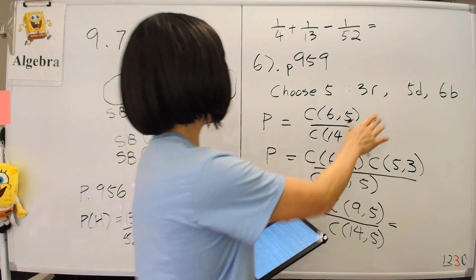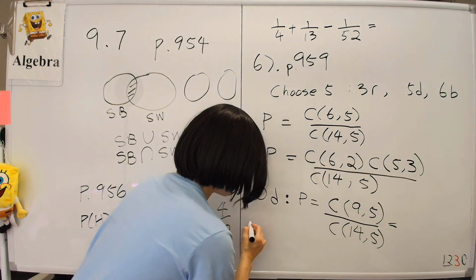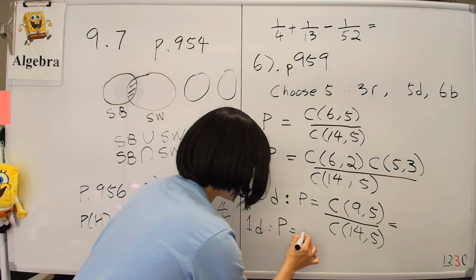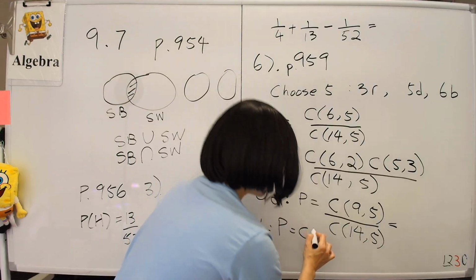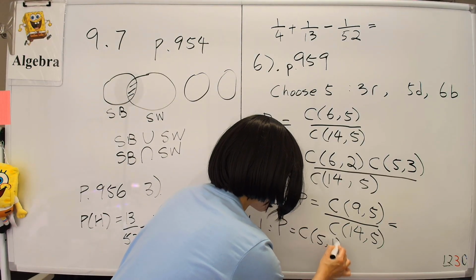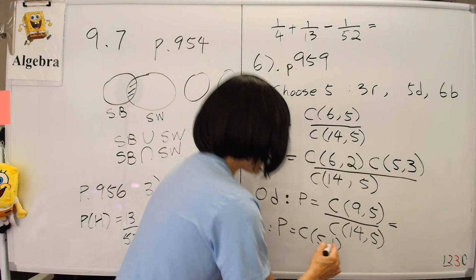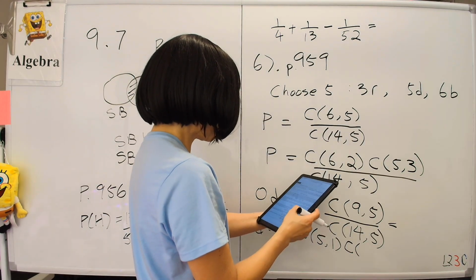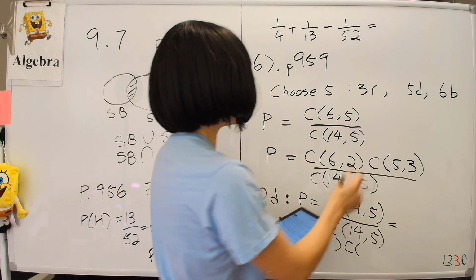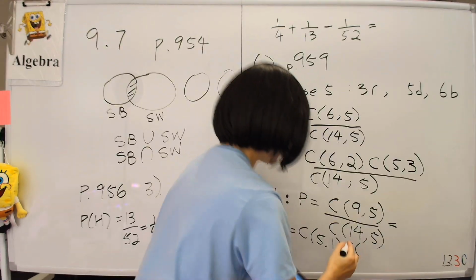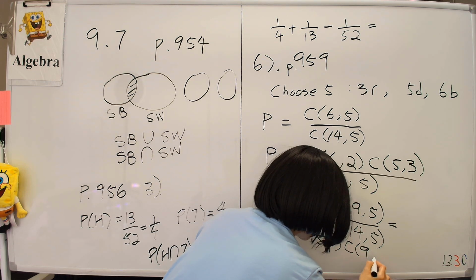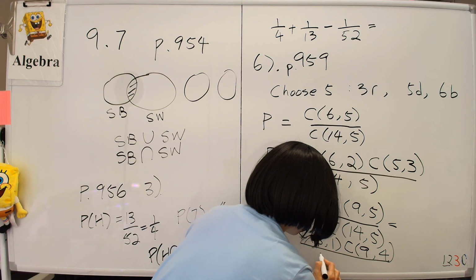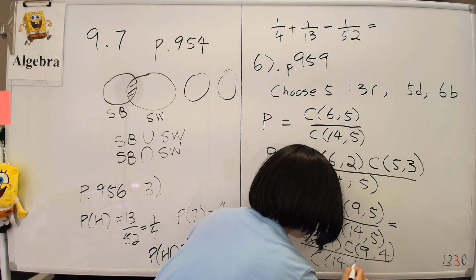For 1D, the probability is 5 choose 1, choosing 1 dog out of 5, and then the rest will be chosen from the 9 non-dogs, choosing 4 of them, also divided by 14 choose 5.